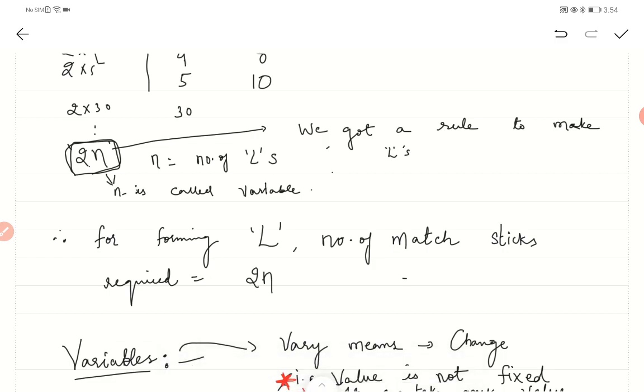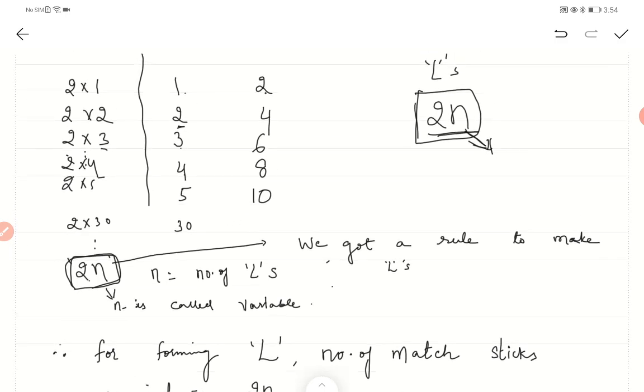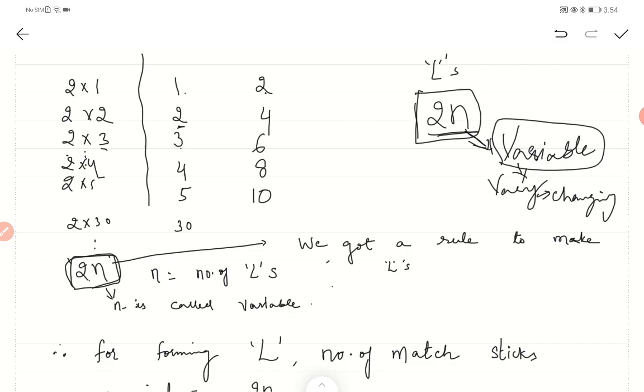It is changing, it is not constant. The name itself, variable: vary means changing. It will hold a certain value, but it is changing, it is not fixed.